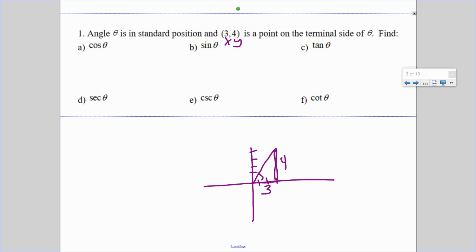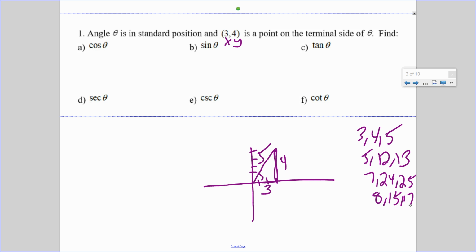Now, what's the third side of that? Well, I have to use the Pythagorean theorem to find that, unless it's a Pythagorean triple. Is this a Pythagorean triple? Yes, it's a 3, 4, 5. We talked about the Pythagorean triples earlier this unit: 3, 4, 5 and 5, 12, 13 come up the most. Then we also have 7, 24, 25 and 8, 15, 17.